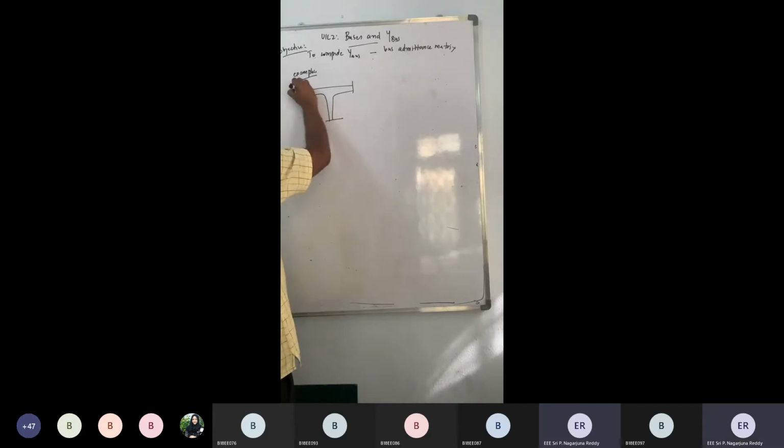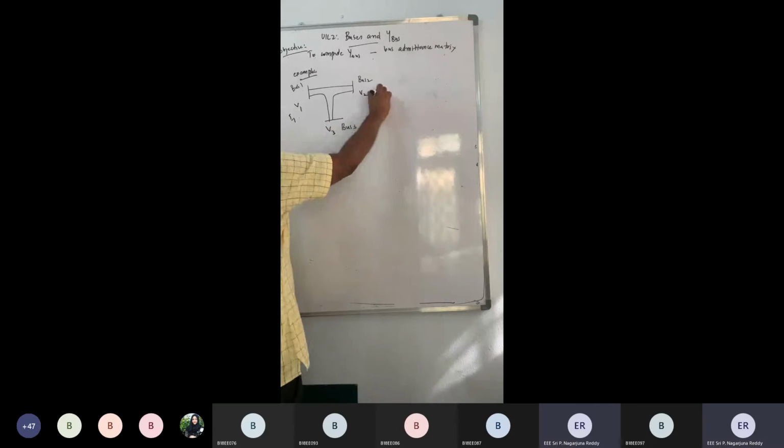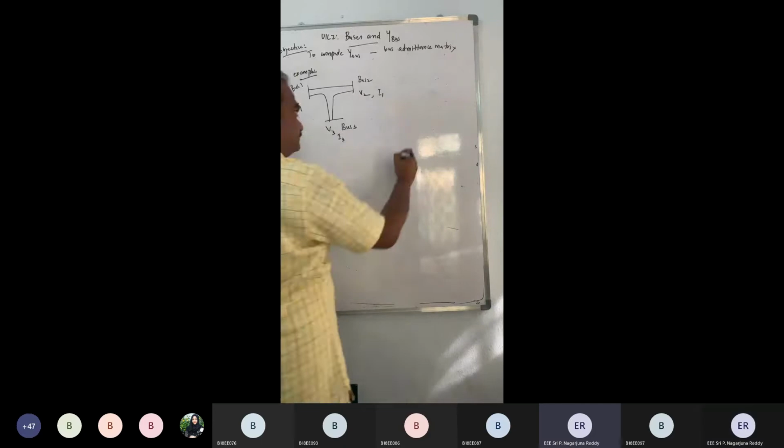This is bus 1, bus 2, and bus 3. And each bus is characterized by a voltage V1, V2, and V3, and assuming that the current injections are I1, I2, and I3.